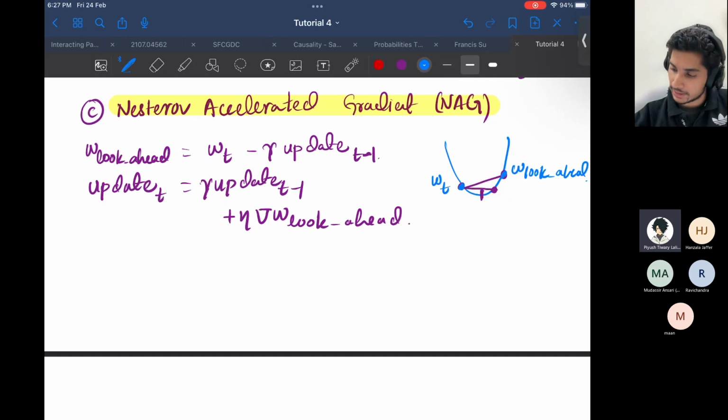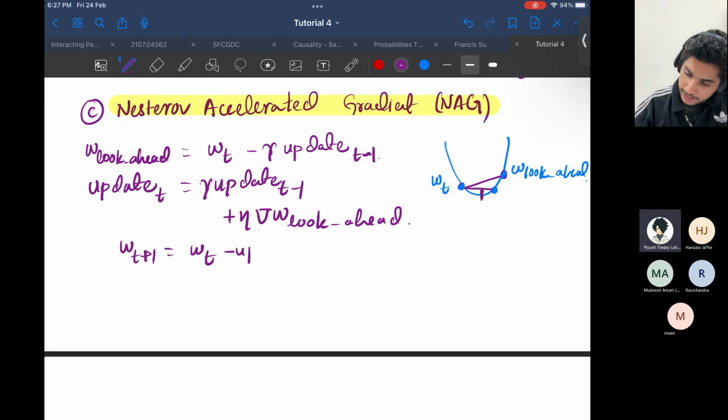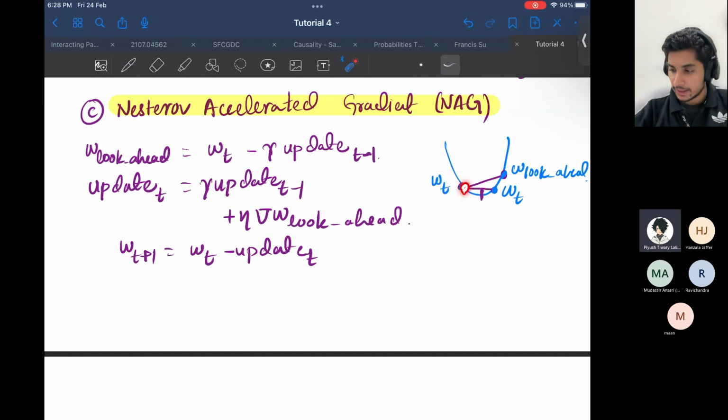Let me write this down. What is the final update? wt plus 1 is equal to wt minus update at time t. This is the final update step, and this is your wt. Let me use blue color. I hope the idea is clear that at any time instant, you look at where you would have landed if you didn't use Nesterov, that is, a naive momentum based update.